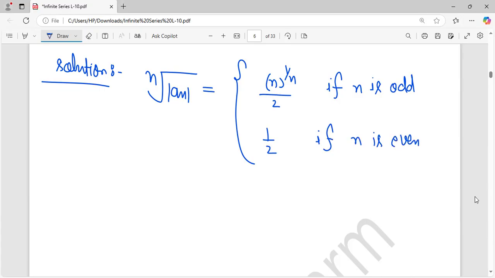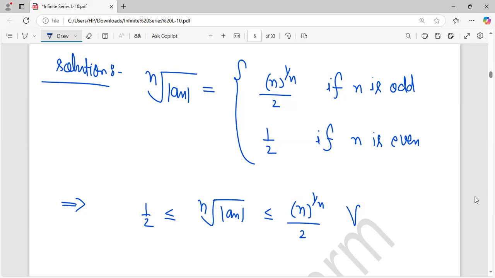So this implies, in both the cases, if you take n equal to 1, it will be 1 by 2, then it will be increased. It means these terms cannot exceed this part, and the minimum value is 1 by 2 for all.